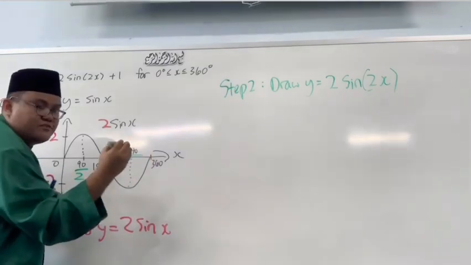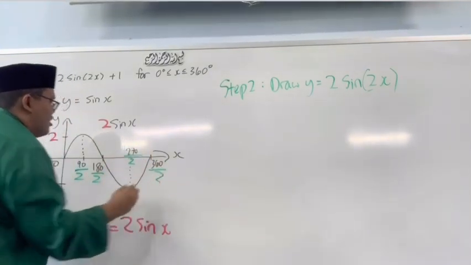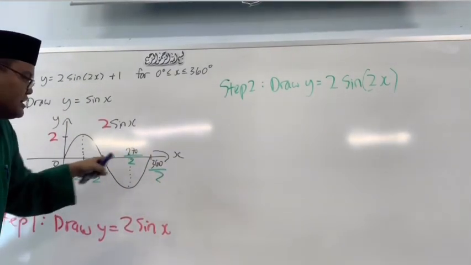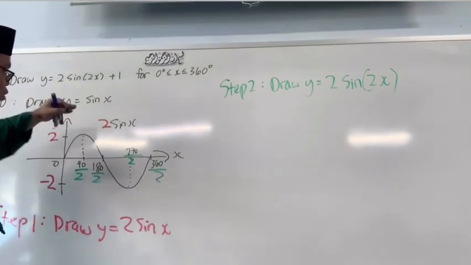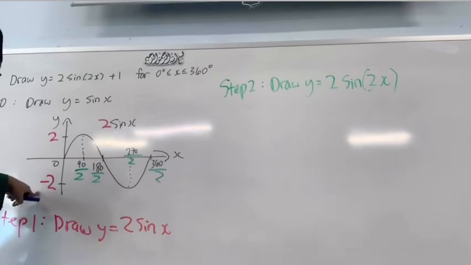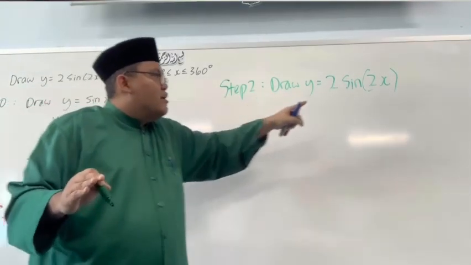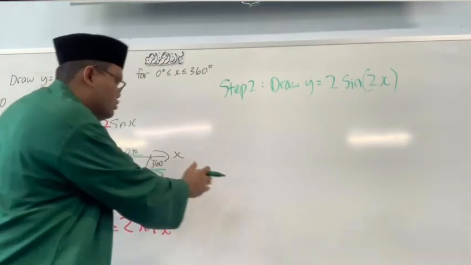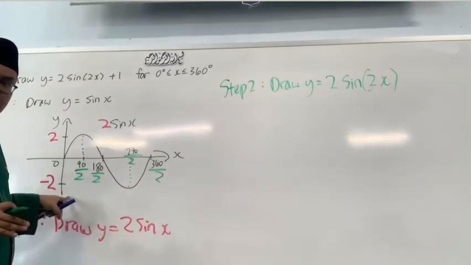I write in green for step 2. All my x values divide by 2. My y values no change. It is still 2 and minus 2. Remember, it's the effect of 2 on whatever you drew in step 1.